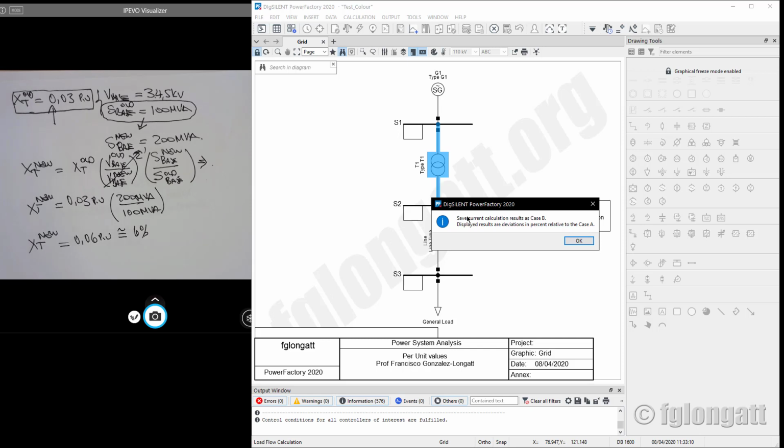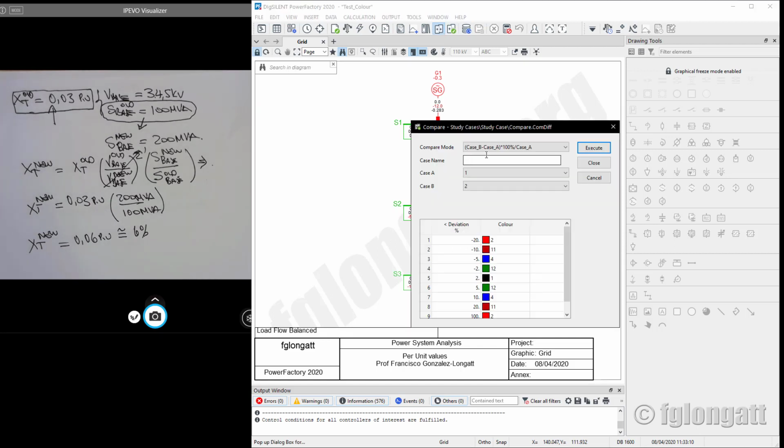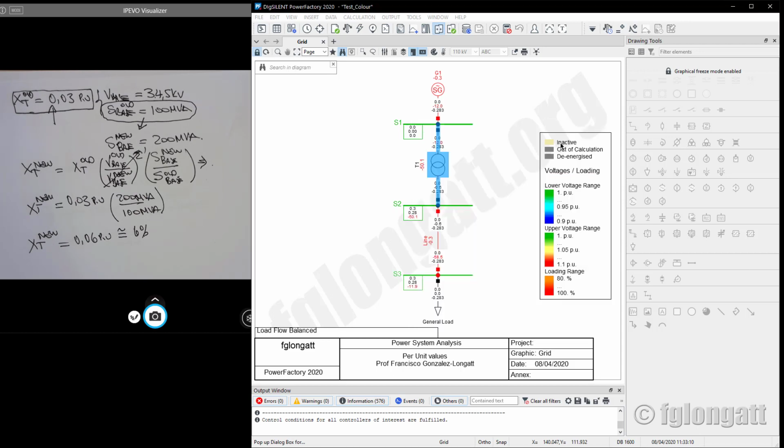And when I run the load flow, the second case is stored. And what is PowerFactory showing? Right now PowerFactory is showing me the difference between when you change the rated power to 200 minus when you use 100.